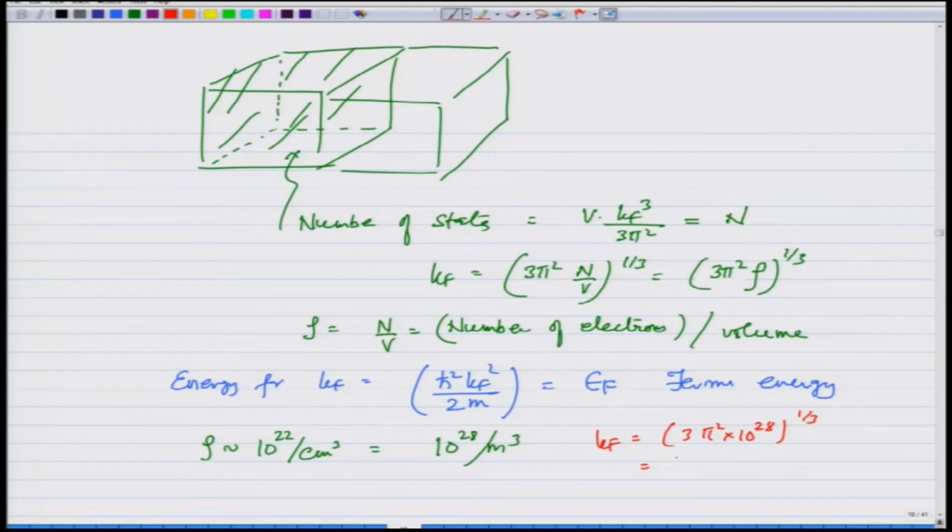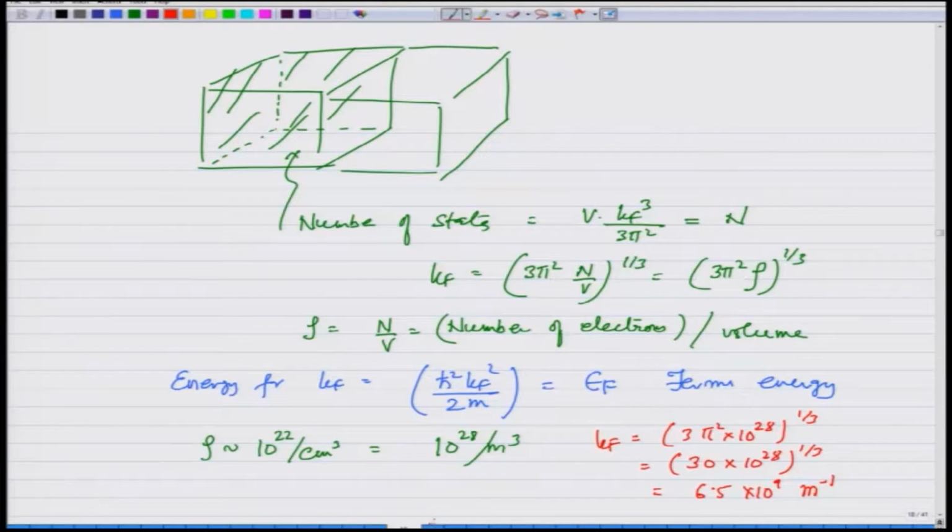So, I can write this as 30 times 10 raised to 28 raised to 1/3, or 300 times 10 raised to 7. So, that is 10 raised to 9, and for 300 I am going to have about 6.5. So, kf is about 6.5 times 10 raised to 9 meter inverse.